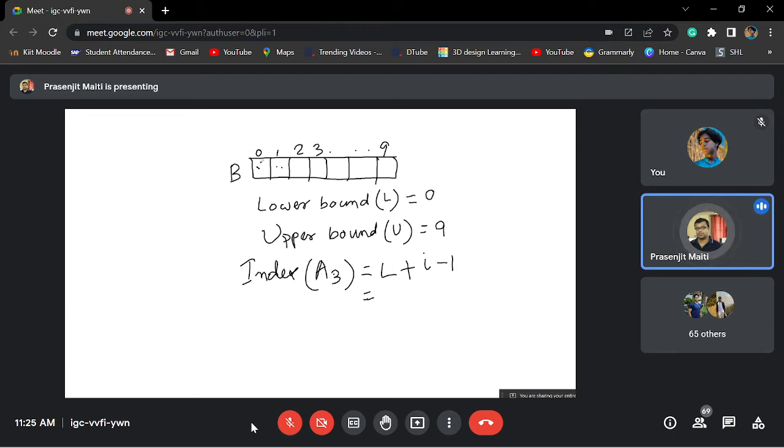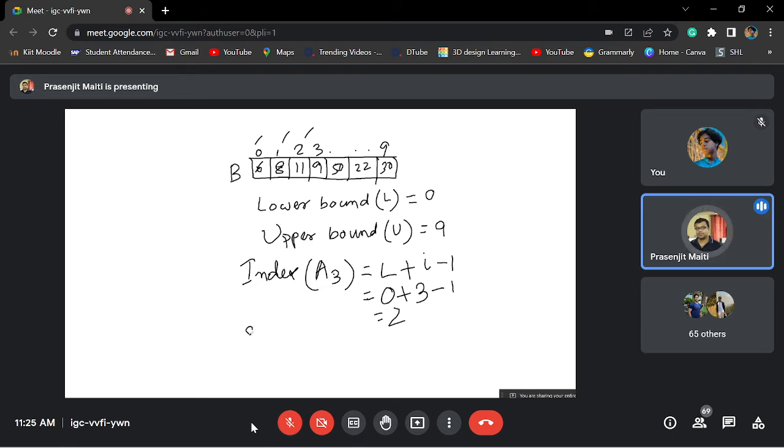Suppose here we store 6, 8, 11, 9, 50, 22, 30. What is the third element index? This is the first element, this is the second element, this is the third element. The third element index is 2. Let's check: 0 plus 3 minus 1, which is 2.